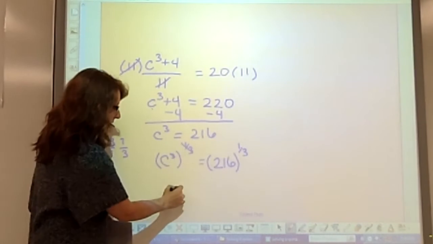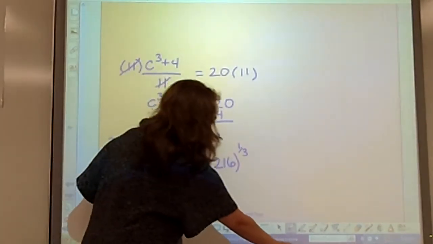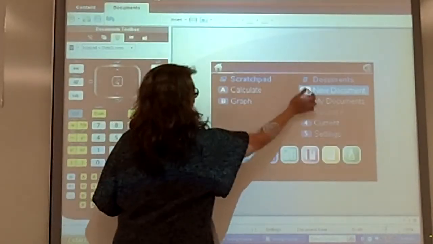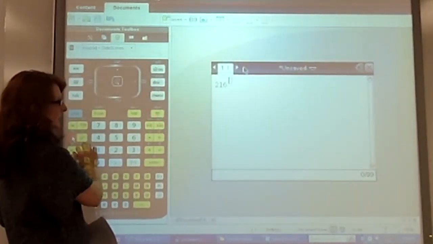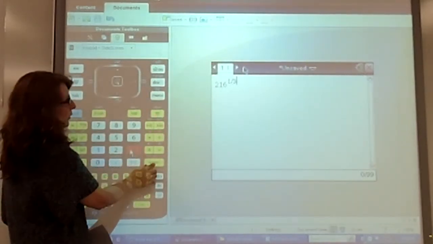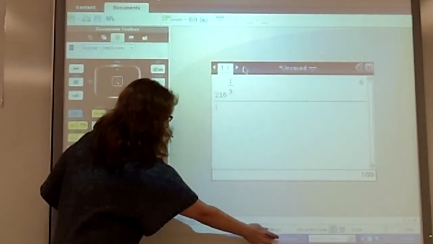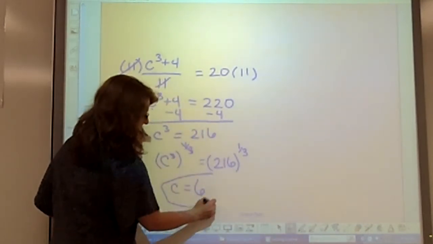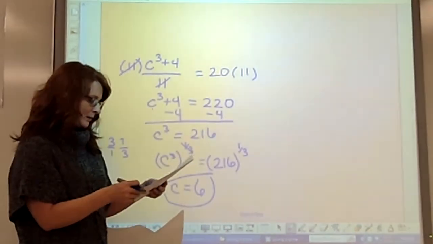That all cancels out. So I get c equals 216 to the 1/3. Let's go to the calculator. 216 raised up to 1/3 gives me 6. So c is equal to 6. That's my answer.